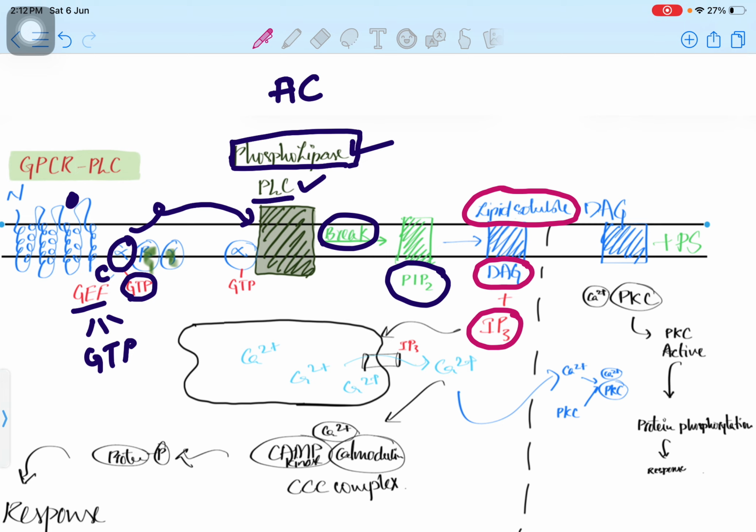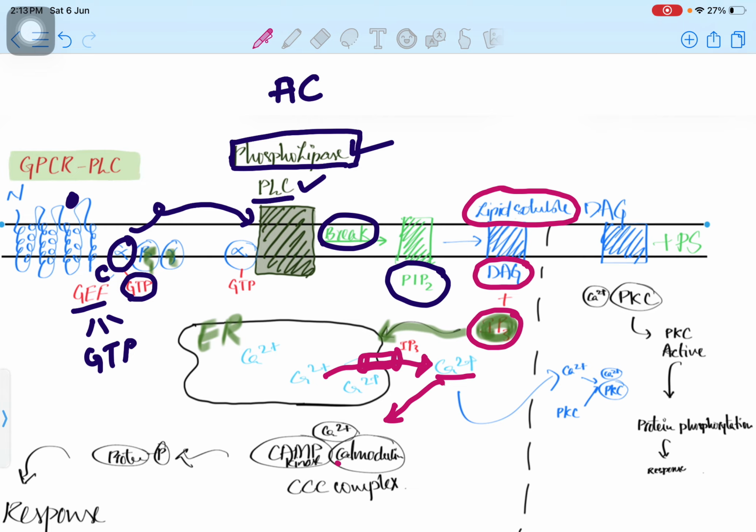This DAG is lipid soluble, so it will remain on the plasma membrane, but IP3 can move inside the cell. IP3 will go towards the ER, the endoplasmic reticulum, and attach on the membrane of the ER and make a channel, so that some amount of the calcium will release from the ER.